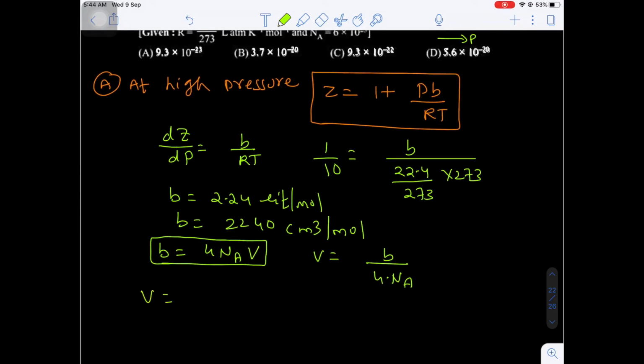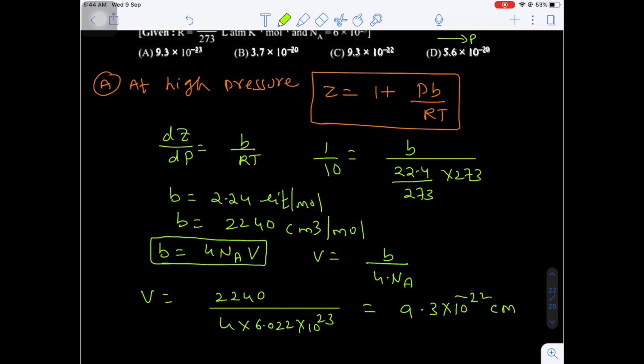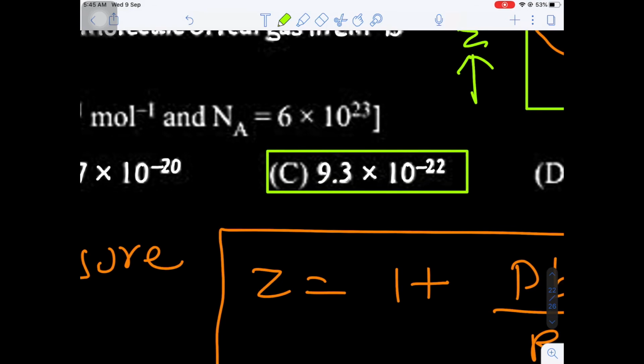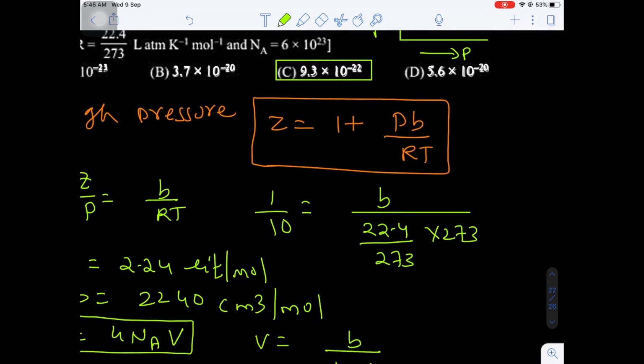Now here V is equal to 2240 centimeter cube per mole, whole divided by 4 into Avogadro constant, that is 6.022 into 10 to the power 23. So this is equal to 9.3 into 10 to the power minus 22 cubic centimeter. That will be option number C, 9.3 into 10 raised to minus 22.